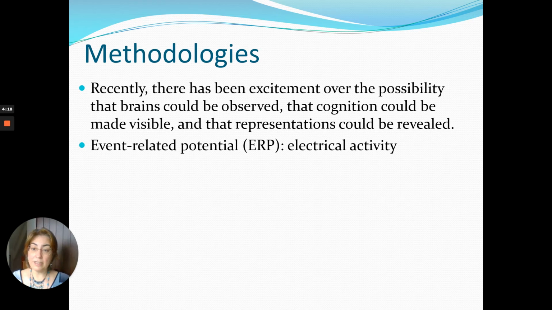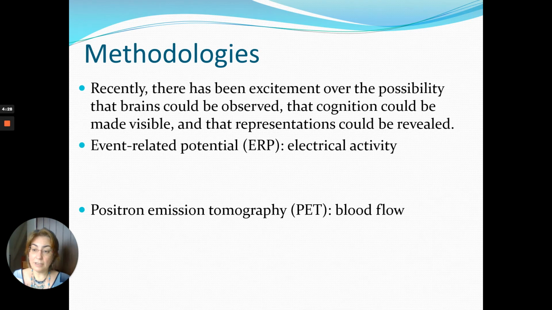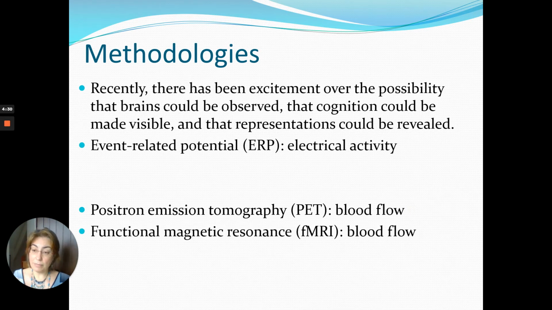Now, there are several methodologies. The first one is the ERP, the event-related potential, that measures electrical activity in the brain when the brain functions. And then there are two more methodologies that measure blood flow to the brain, because when a certain part of the brain is activated, the cells in that part need a lot of energy because they're working.